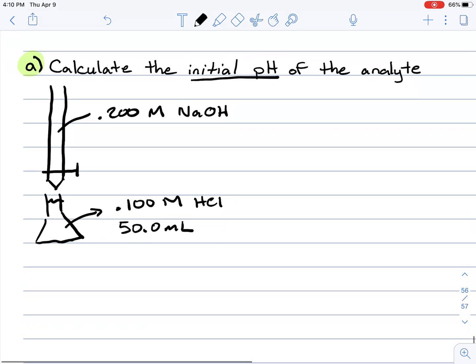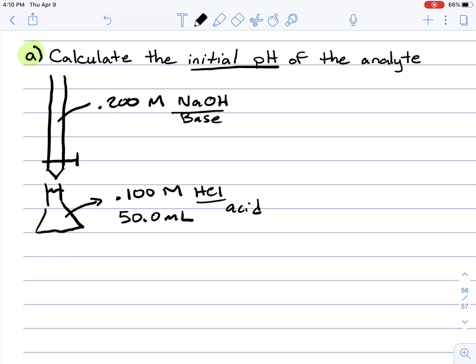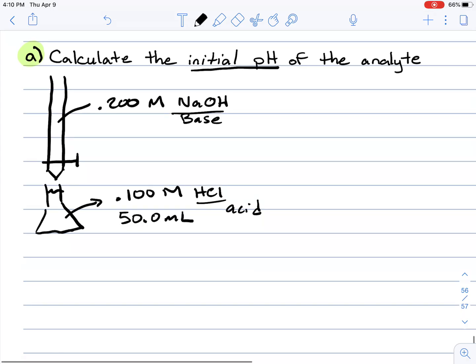This is our base, and this is our acid. Now that we have all of the components labeled in this diagram, let's address the question. We're going to calculate the initial pH of the solution of the analyte.